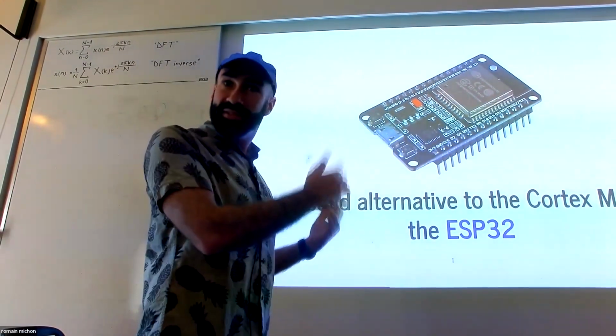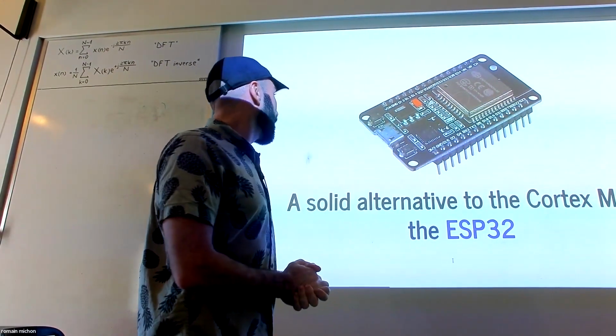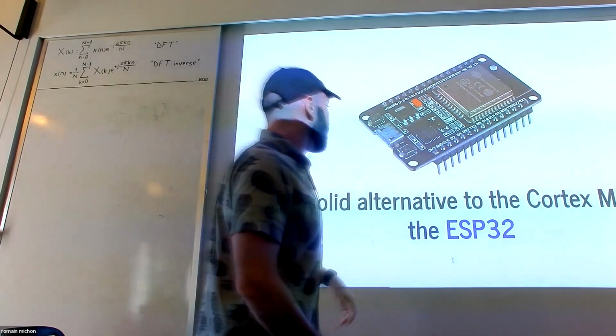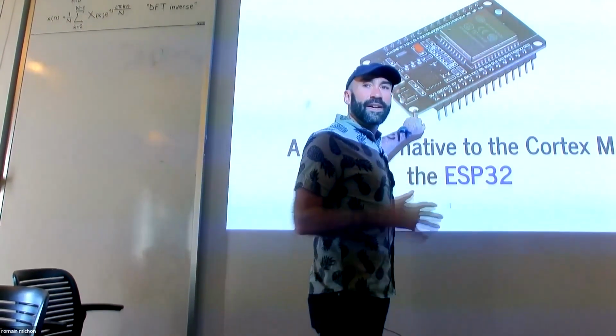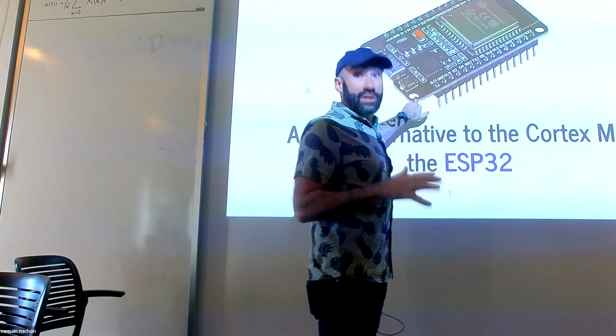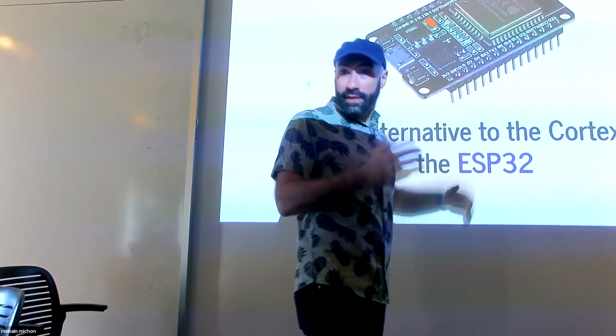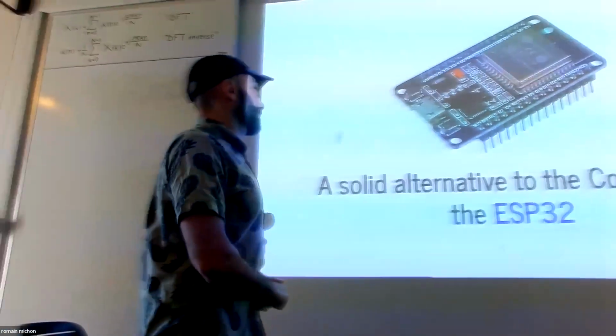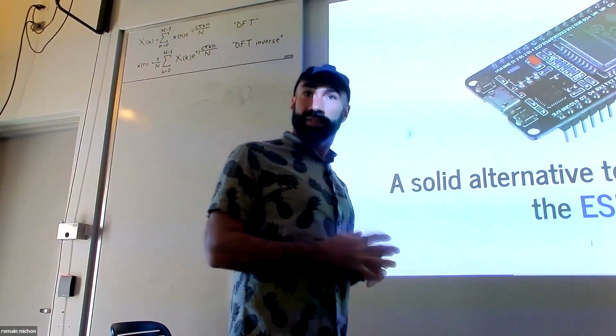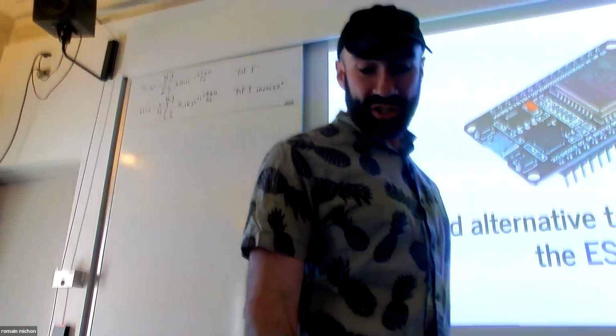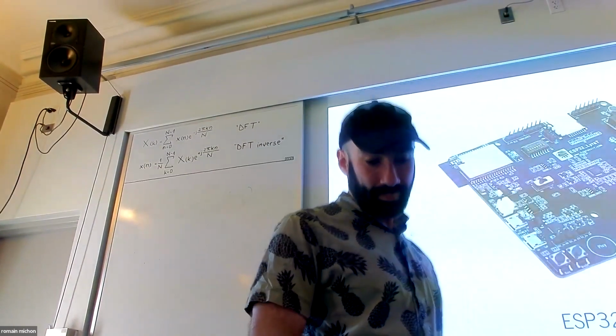But a lot of people use it though, and so it's a good alternative. This model here is only like $5. So it's very cheap. And so with $5 you get Bluetooth, Wi-Fi, and everything. So that's the main advantage of the ESP32. It is a very cheap platform. Okay.